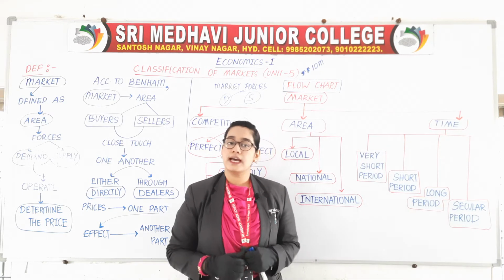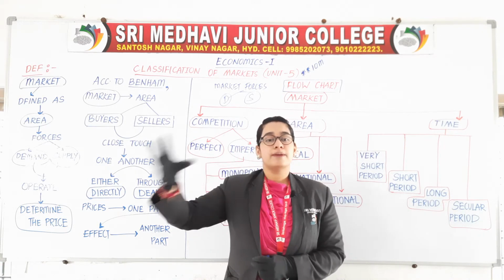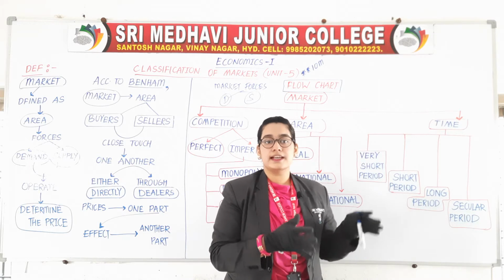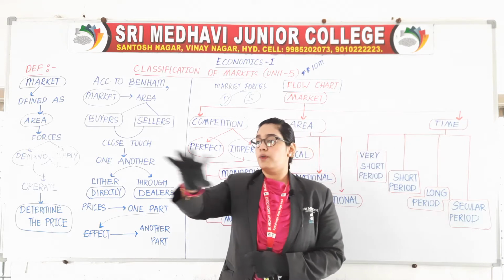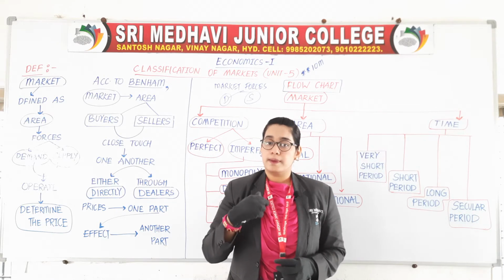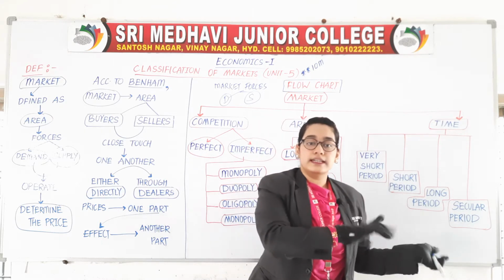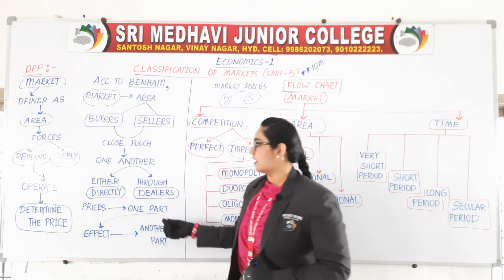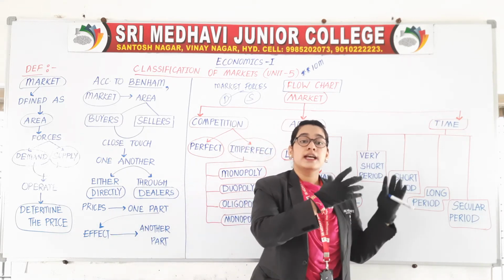If I want to purchase a house in some unknown area, and I am not very familiar with the area, I will contact the dealer of a particular area, of a particular society. He will tell me where I can find a rented house or an own house, etc. So buyer and seller meet either directly or through dealers, where prices in one part affect the prices in another part.